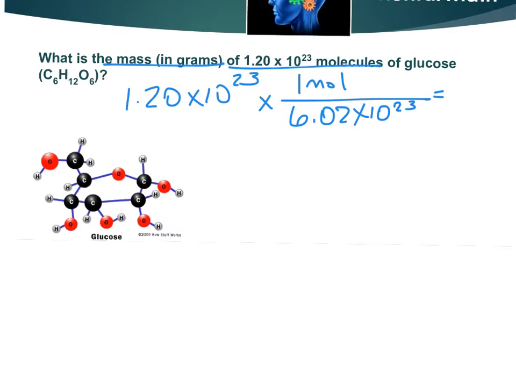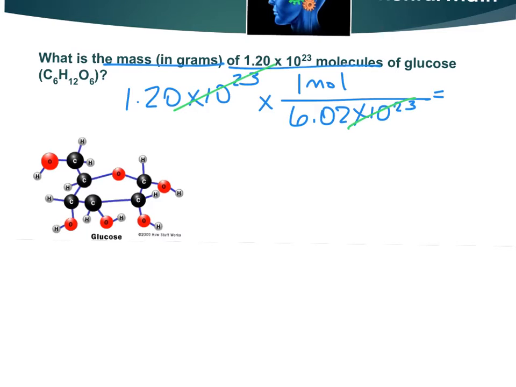And so you get this 10 to the 23rd cancels out because what you're doing is multiplying 1.20 times 10 to the 23rd times this 1 mole here. And so essentially this number and this number are on top of each other. So like 1.2 times 10 to the 23rd really is divided by 6.02 times 10 to the 23rd.